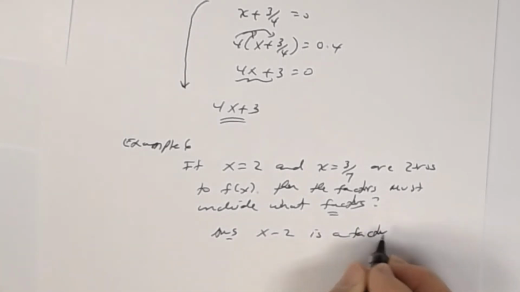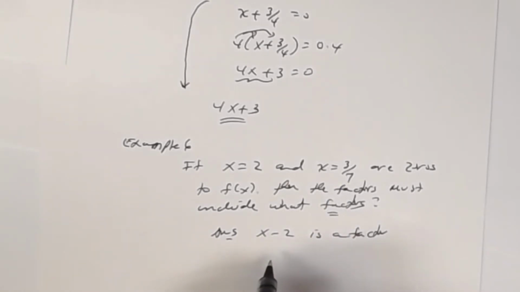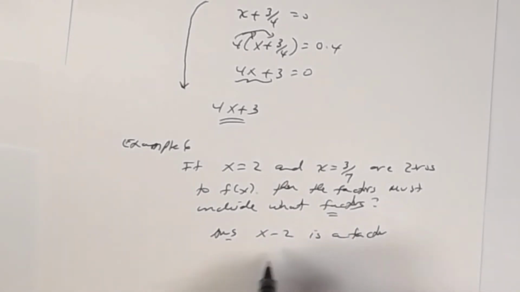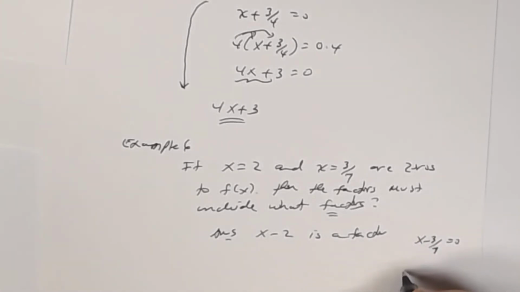Over here, if x equals 3/7 is a 0, don't say x minus 3/7. I want you to clear the fraction. So for that one, you would say x minus 3/7 equals 0, then multiply both sides by 7, and then distribute, you get 7x minus 3 equals 0.